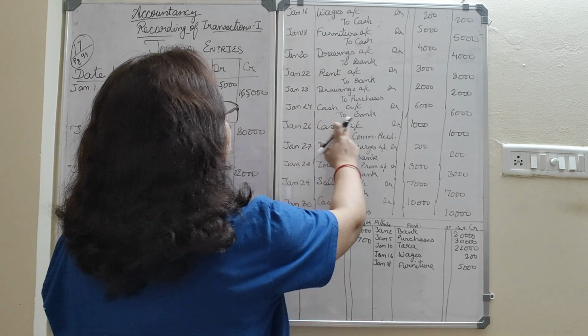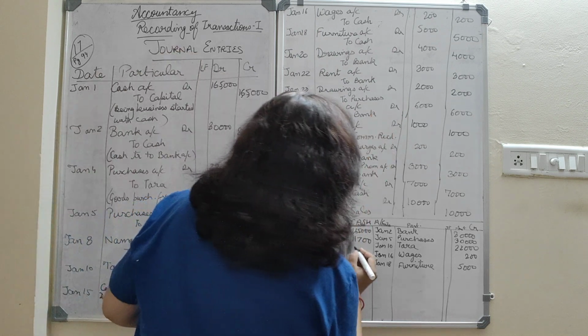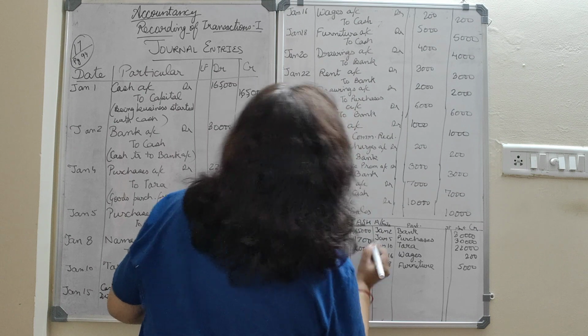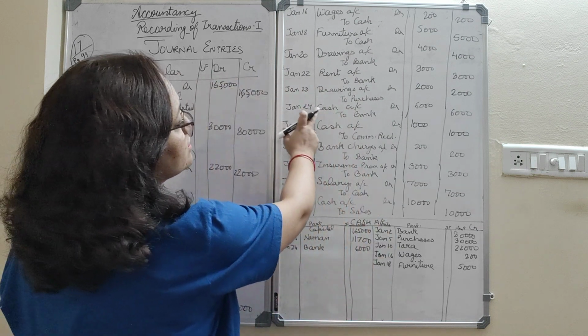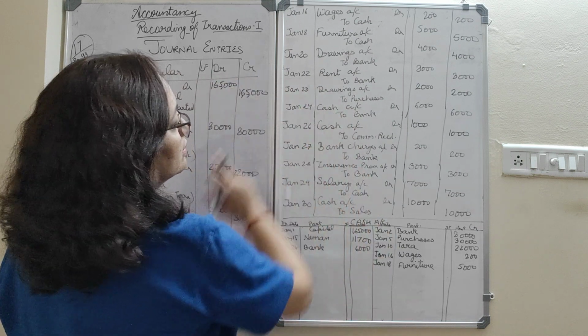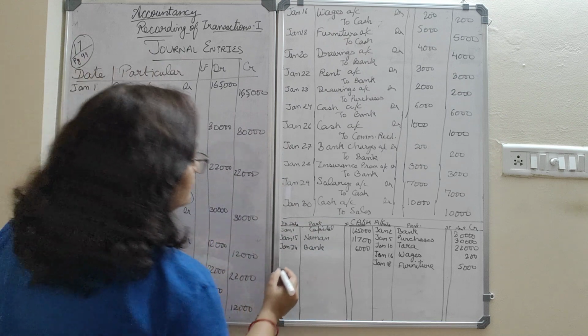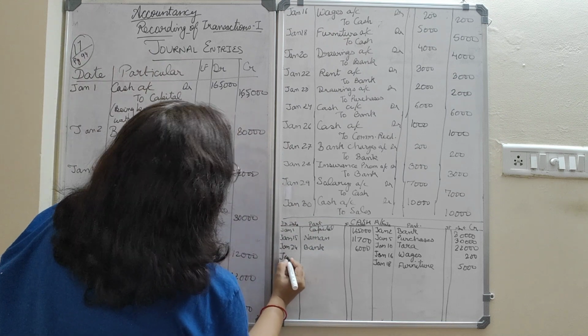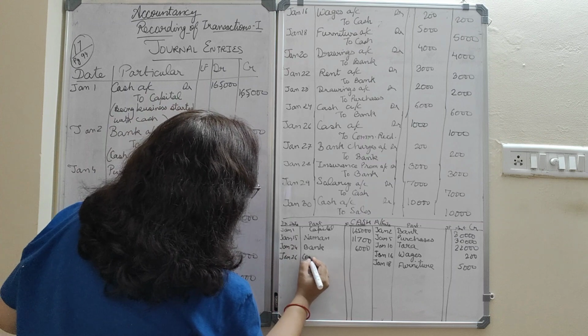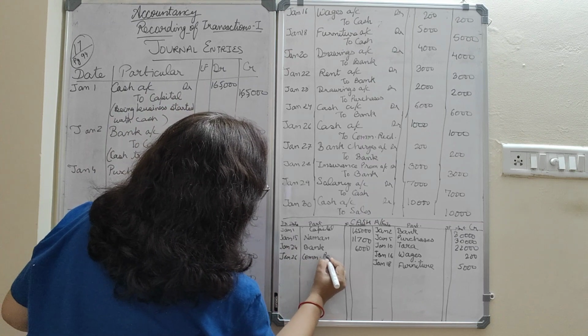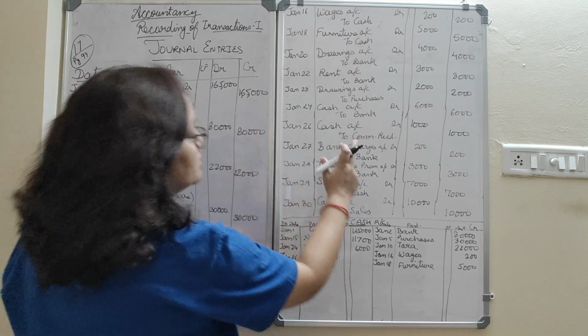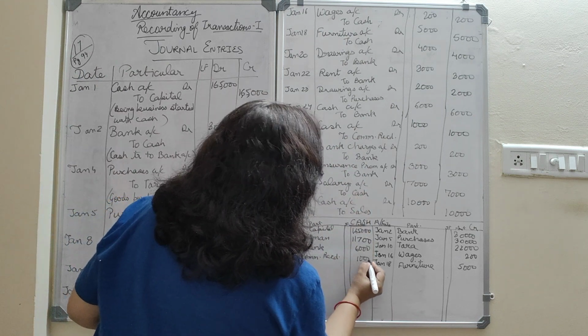Bank. So 6,000. Now where else do we get cash? Here. To commission received. Again January 26. Commission received. Right? Commission received will be 1,000.